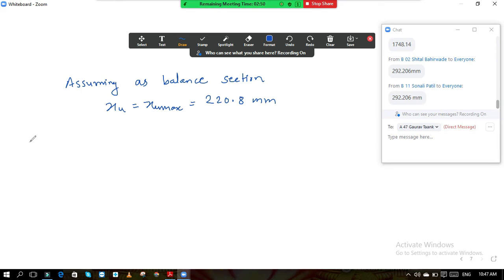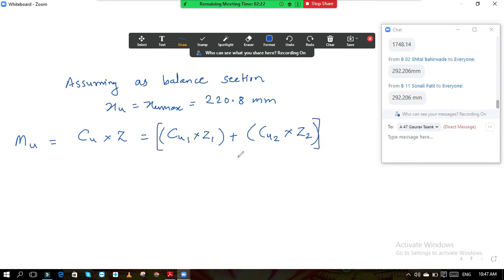So now therefore Mu is equal to, you know that Mu is equal to, what is the formula? It is Cu into Z. This is your basic formula, which is nothing but equal to Cu1 into Z1 plus, as it is a doubly reinforced section, Cu2 into Z2. This is the formula. Now Mu is equal to Cu1.